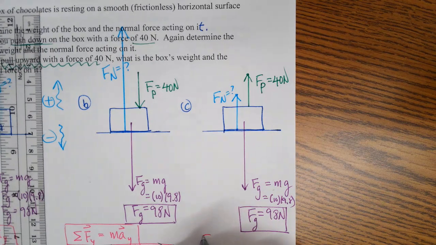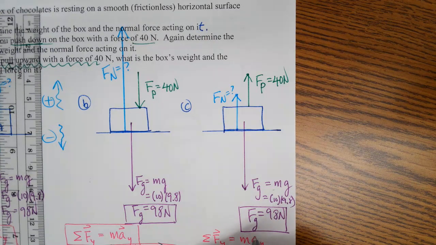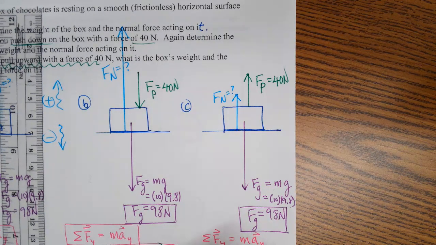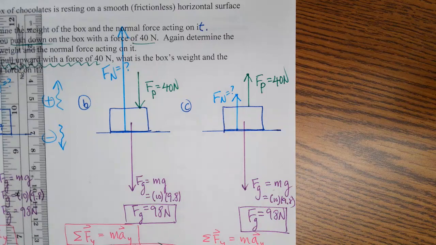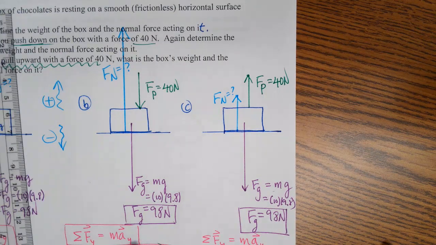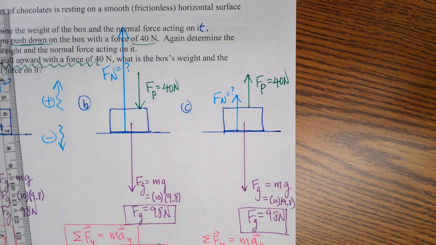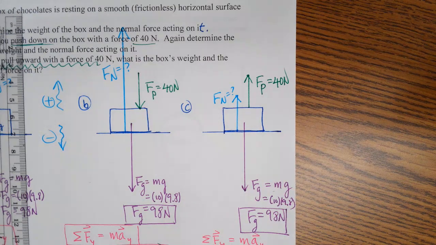Again, I start out with my net force in y is equal to m a_y. I have three forces acting on this, right? So I have F normal plus Fg plus F pull. Since these are all vectors, you're just adding up all the vectors.